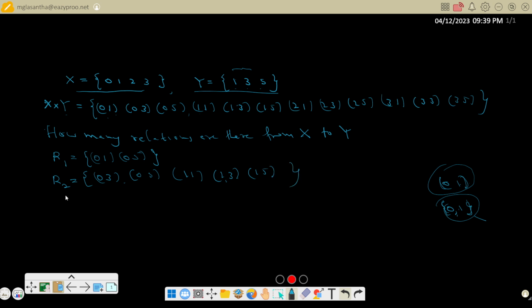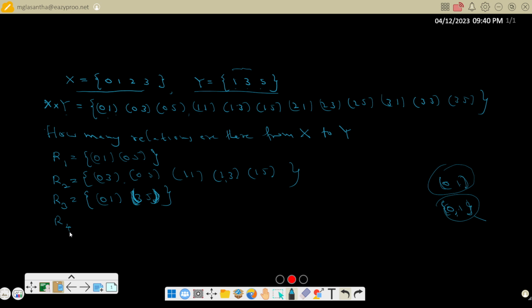So this is R2. If you write R3: (0, 1), (3, 5). Sorry, not curly brackets, it's normal brackets. If you use curly brackets, then it's wrong.